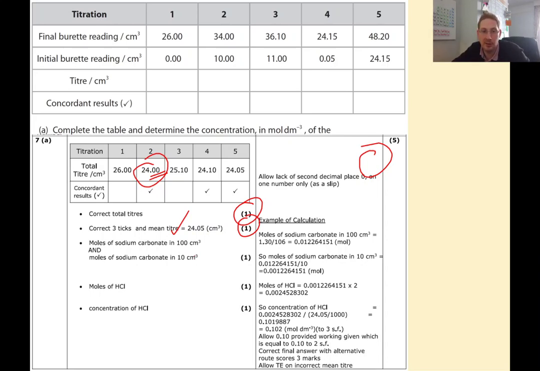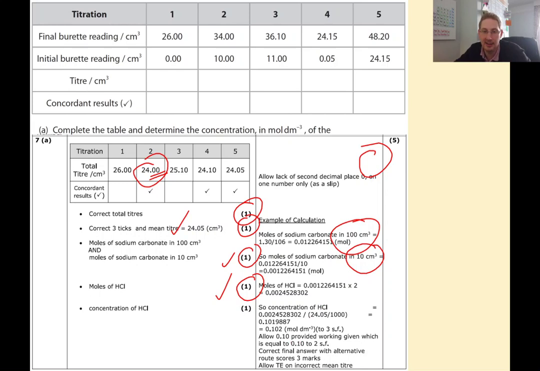1 mark for calculating the number of moles of sodium carbonate in 100 centimeters cubed, and therefore dividing that by 10 to get the number of moles in 10 centimeters cubed. I bet a few of you forgot to divide by 10 there. Moles of hydrochloric acid, therefore just straightforward titration, remembering that the sodium carbonate reacts in a 2-to-1 ratio with hydrochloric acid.